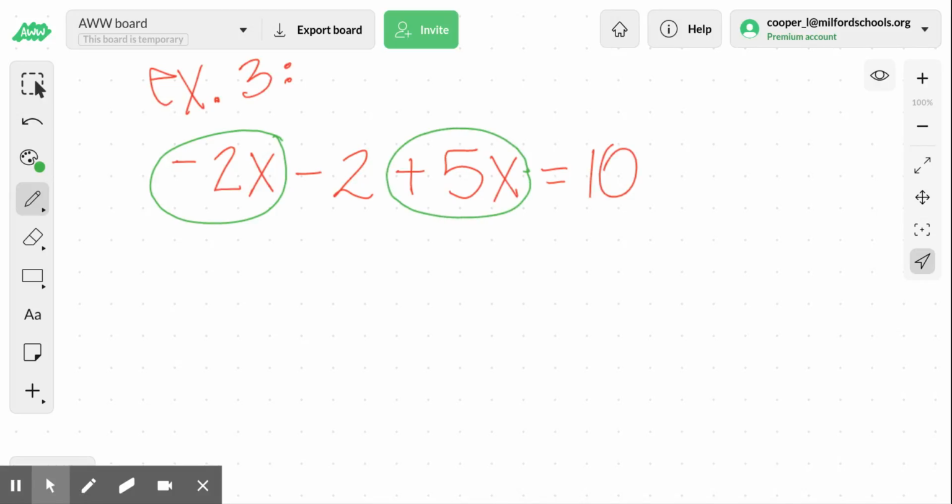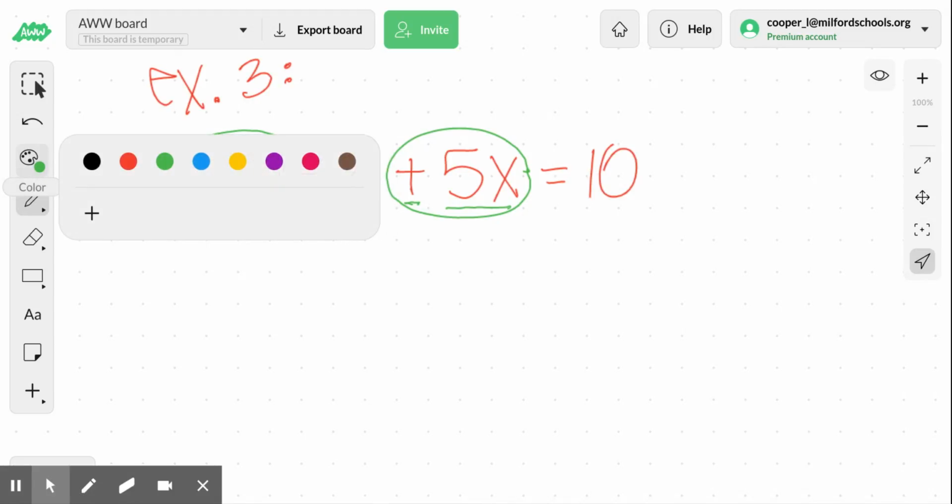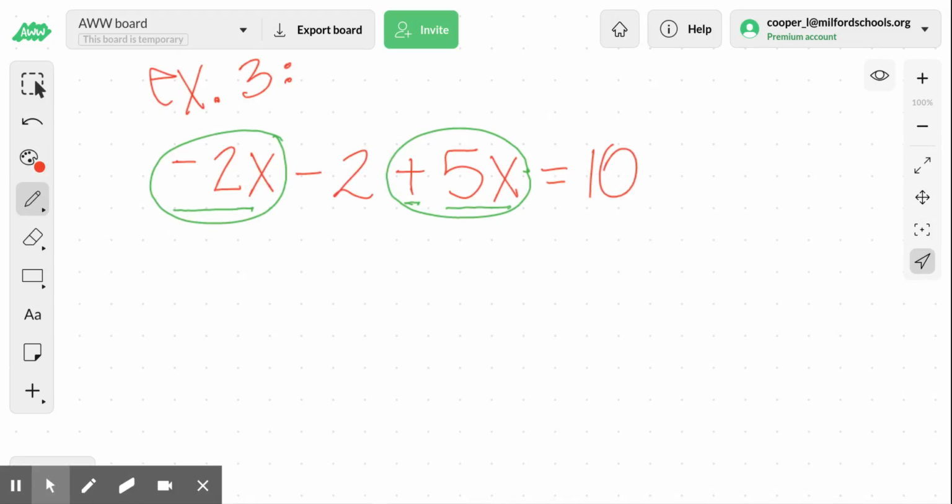So now reading from left to right, it says -2x, and then it says plus 5x. In your calculator, that is going to give you a 3x minus 2. We just bring that down like always, equals 10.